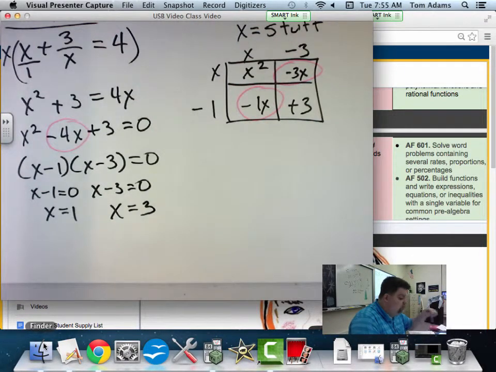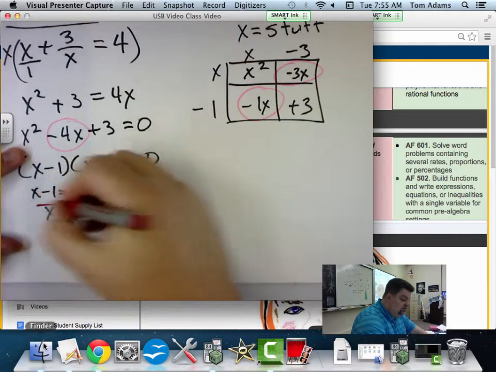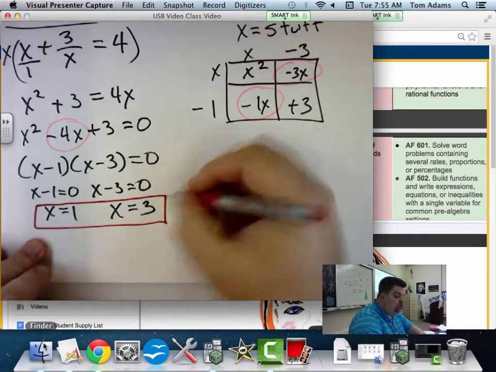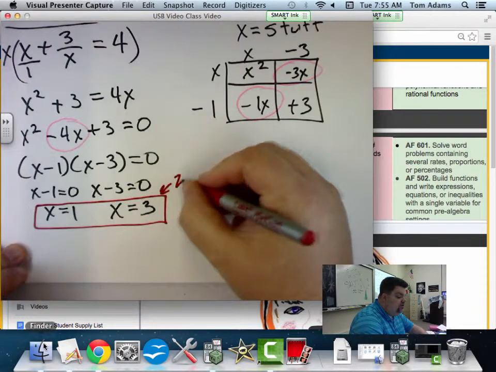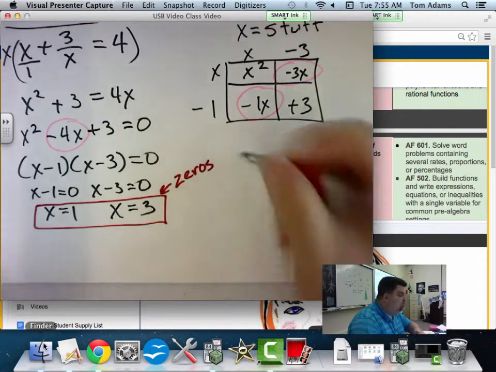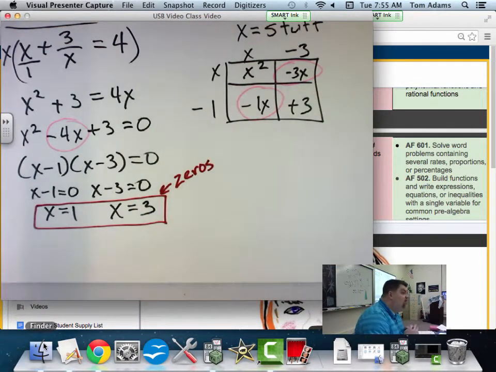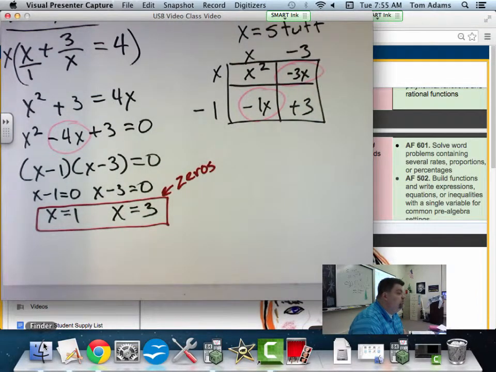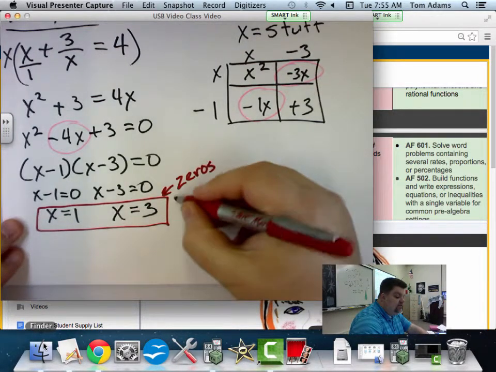That's it. Now how could I verify that? What are these solutions? They're the zeros, which means what graphically? I heard somebody say graph it, and you're right, we are going to graph it in a second. But what does this mean? Yeah, they're the x-intercepts, right?